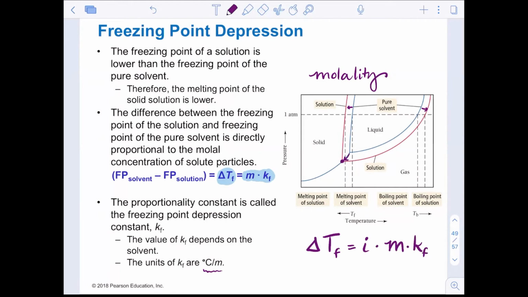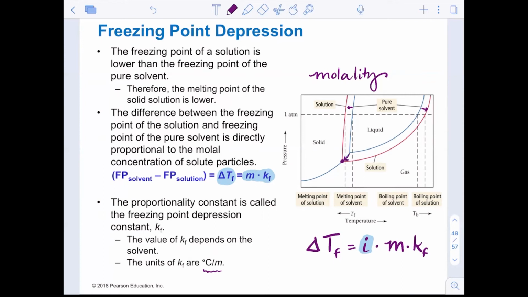Now, i here, if we have a molecule, such as sucrose or glucose, if we're throwing a molecule in water, i is equal to 1. If we're throwing an ionic compound in water, we're dissociating that ionic compound. We don't have NaCl, we have Na+ and Cl-. So the i would be 2.